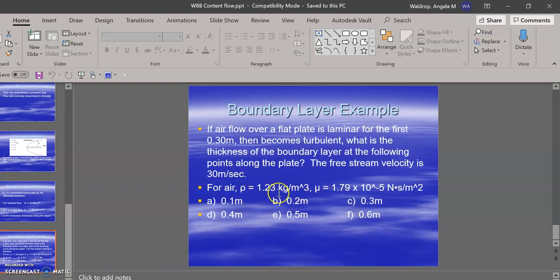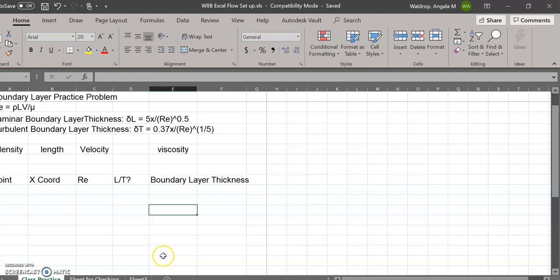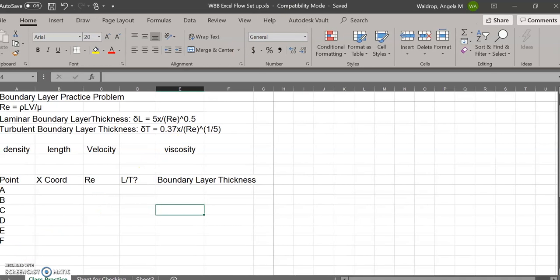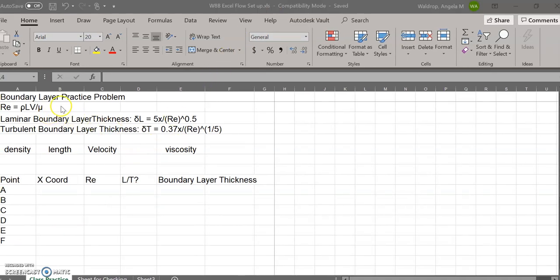Going back to here, I've looked up the values for air: I've got the density, and I've got this other value here. I already have a spreadsheet set up for you, so we can use this spreadsheet to help us figure out this problem. I've got all my equations up here for reference.